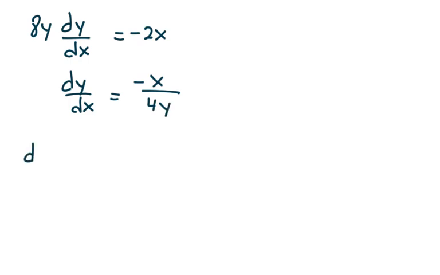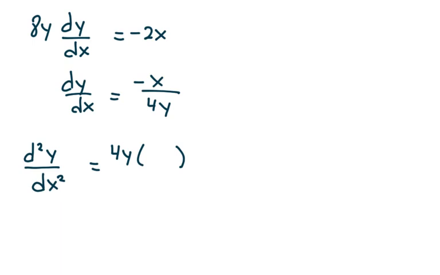Now, I'm going to find the second derivative. So I'm going to label it this way, and we can apply the quotient rule. So write down the bottom function, 4y, take the derivative of the top function.